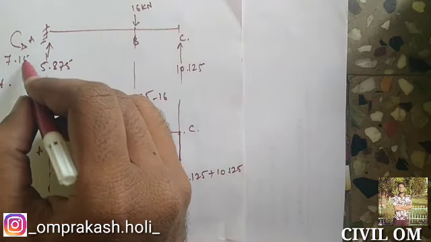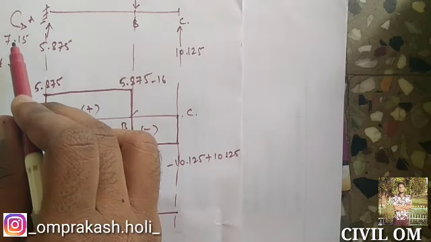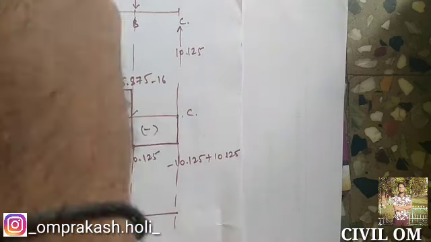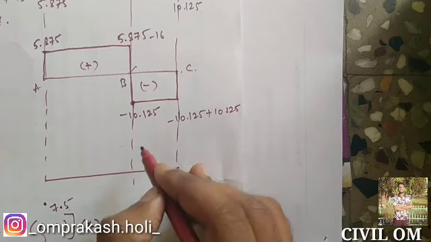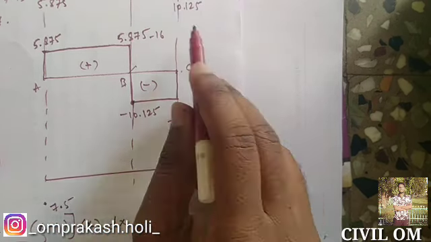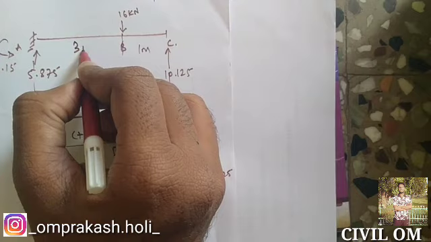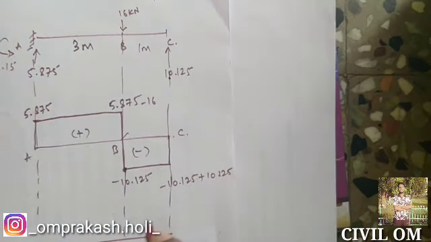Now let us draw the bending moment diagram. So we have already the couple acting at point A. How much is it? 7.5. It is acting in the anti-clockwise direction. So we'll be considering 7.5 downwards. And next, what we have here? 10.125 into, here we have 1 meter, and here we have 3 meter. 10.125 into 1 is 10.125.